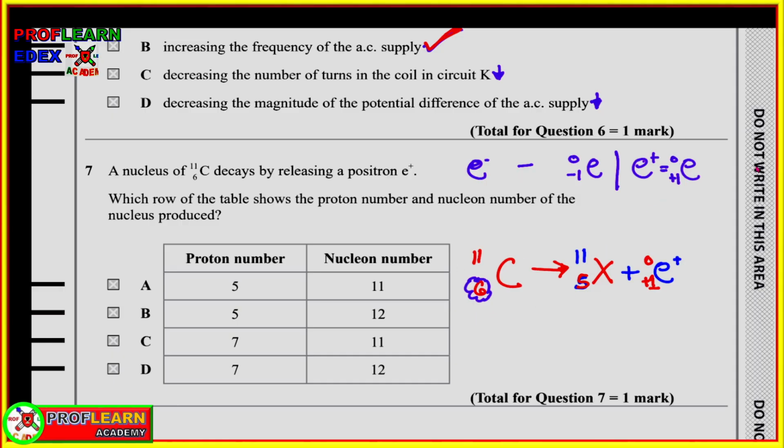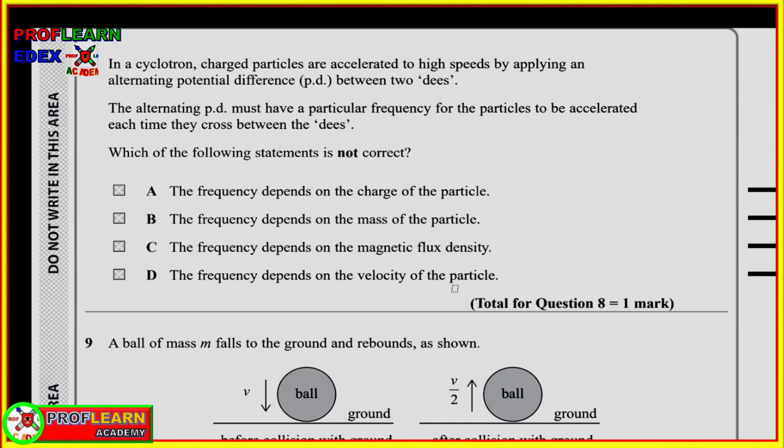Then now you can write that equation. And now the correct answer, proton number is going to be 5 and nucleon number is going to be 11. So for question number 7, the correct answer is A, and that's what you are supposed to do in that case. Let's look at question number 8.